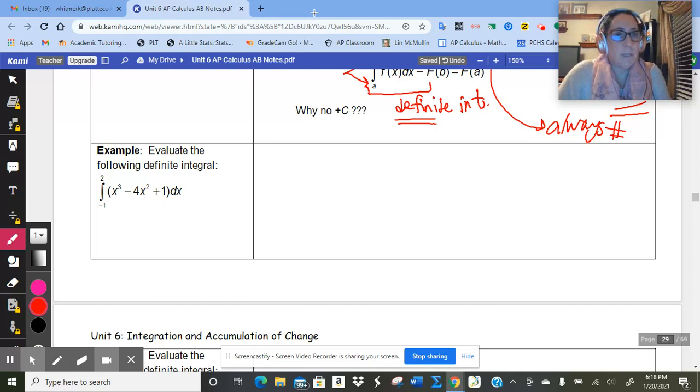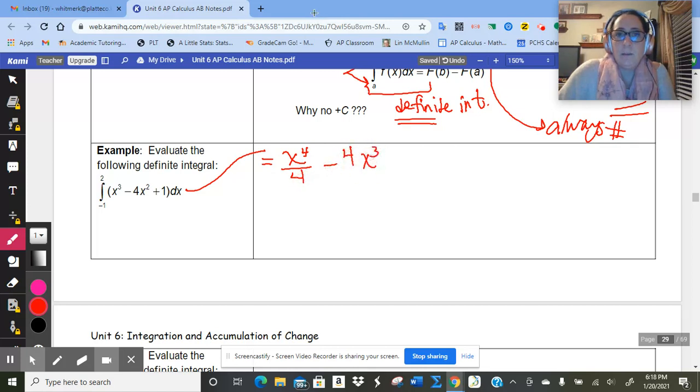Okay, so I want to evaluate the definite integral. So now we know it's a definite integral because we've got these numerical bounds here. So the first thing I'm going to do is take the antiderivative, and I'm not going to use a plus c because it would just cancel away. And then this right here is saying I'm going to evaluate that function from -1 to 2.